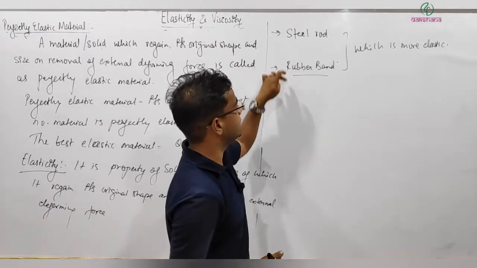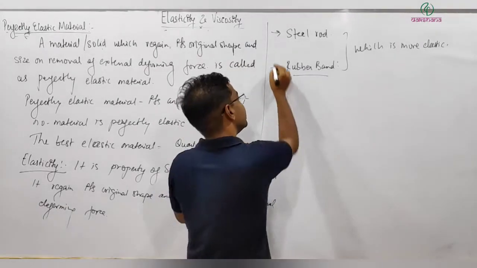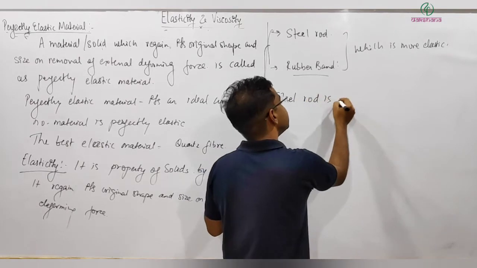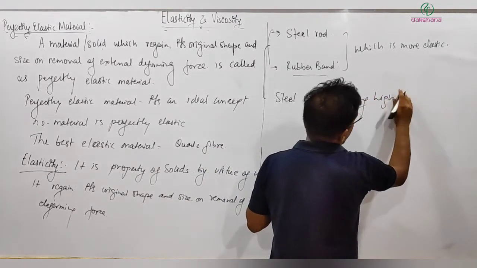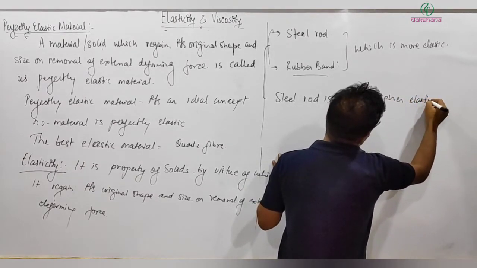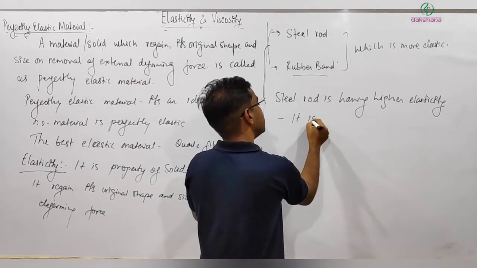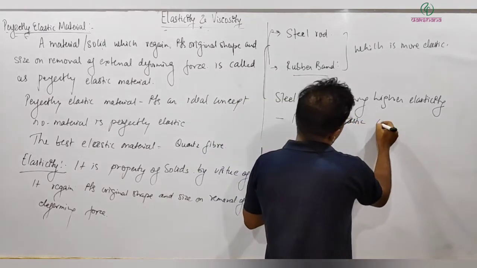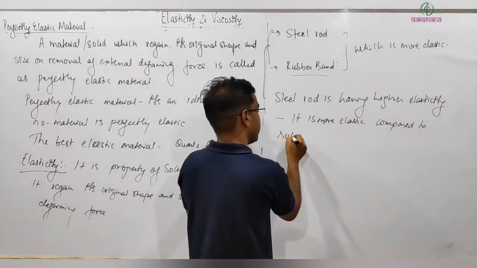If I compare the elasticity of a steel rod and a rubber band, then the steel rod has higher elasticity, or I can say the steel rod is more elastic compared to the rubber band.